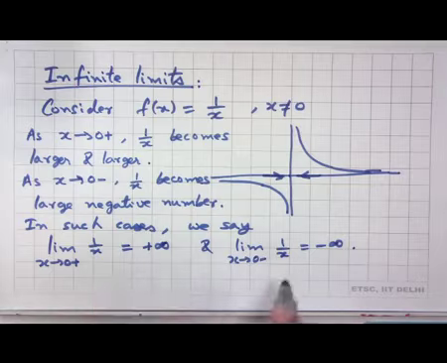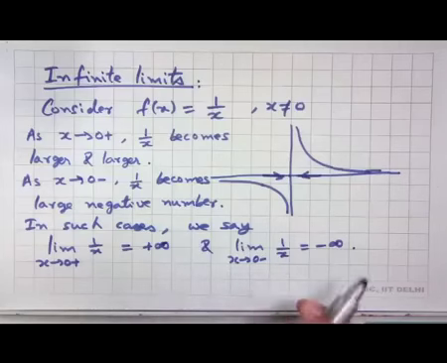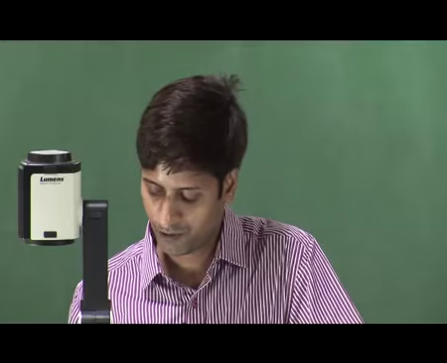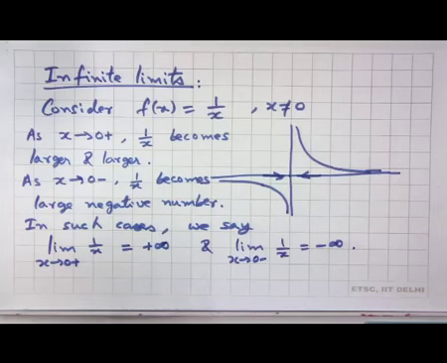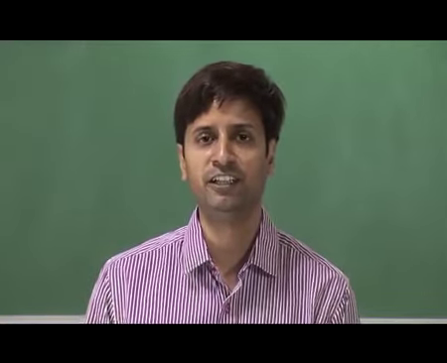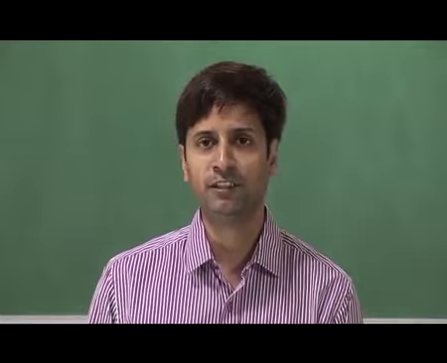In the next class, I will make it more rigorous and define when we say that the limit at a point is positive infinity or negative infinity, and then we will see some more examples. Thank you.